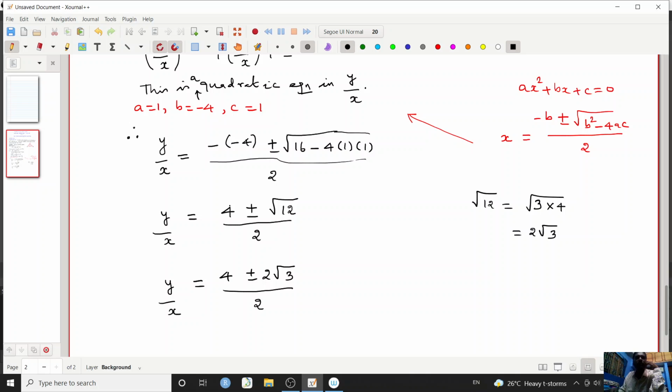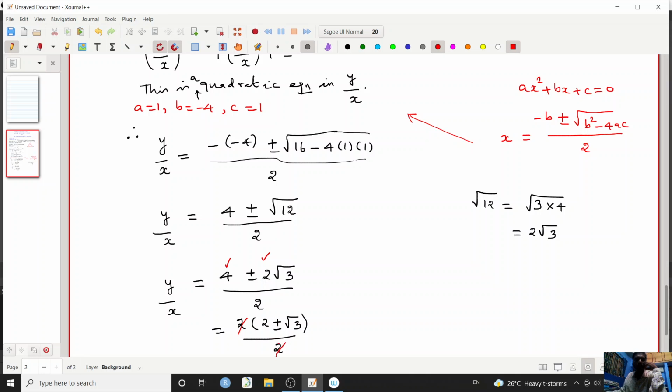If you look carefully, you have 2 common in both the terms, so you can take 2 common. This is 2(2 ± √3) / 2, so you can cancel out the 2 and 2.